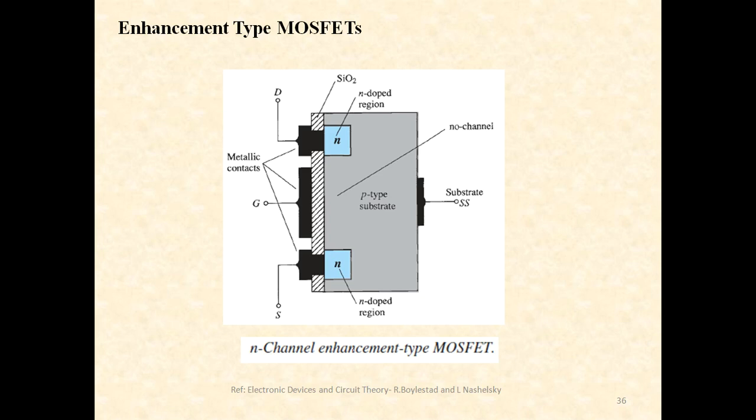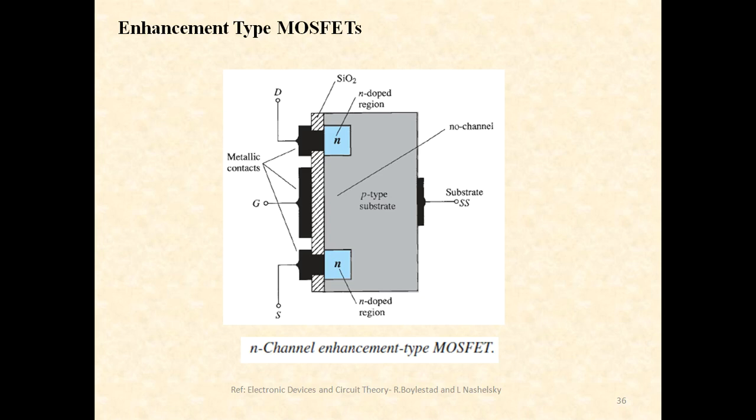Or to put it the other way, the strength of the channel could be modulated. In that case, the channel was already present. However, in the case of the enhancement type MOSFET, initially you won't have any channel. A channel is created or formed depending upon the magnitude of the gate voltage that we apply.